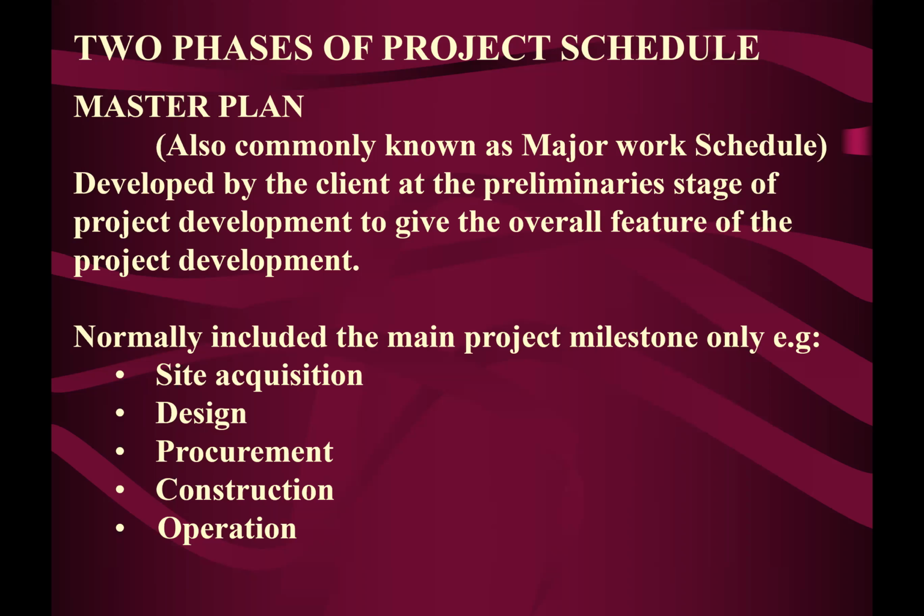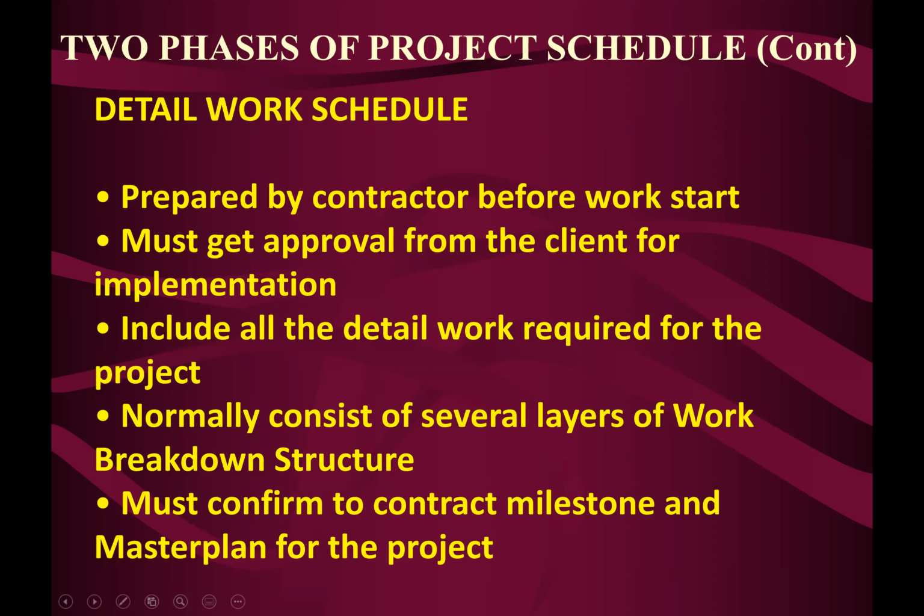Let's say major activities could be site preparation, substructure, superstructure, external work, and then perhaps finishing. That could be major. But what is inside those major activities, that's what we call detail works.